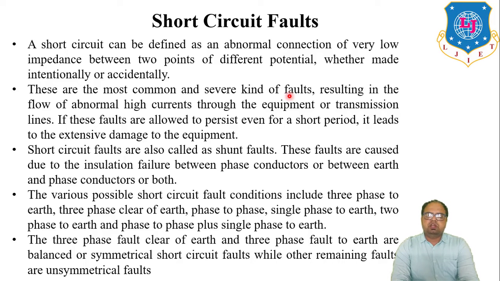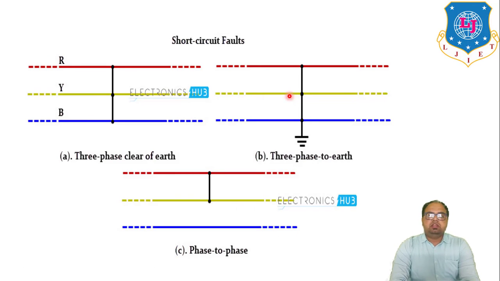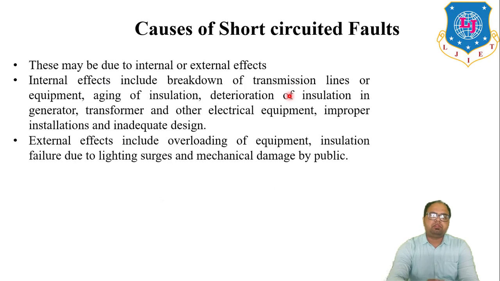The three-phase fault clear of earth and the three-phase fault to earth are balanced or symmetrical short circuit faults, while the other remaining faults are unsymmetrical faults. You can see in this image the three-phase clear of earth, three-phase to earth and phase to phase short circuit faults.